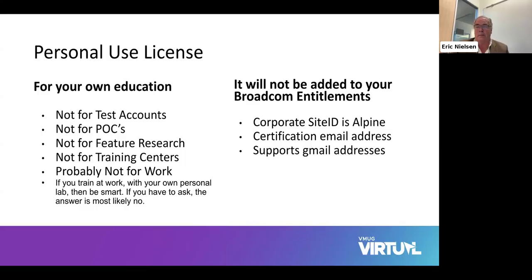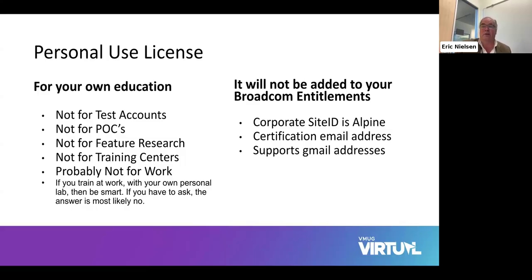That email address can be, I believe, a Gmail address. VMUG supports external email addresses, and your VMUG Advantage email address must match your certification email address, which could be different than your Broadcom support email address. So understand the differences. The certification email address is the email address you used when you took your certification.